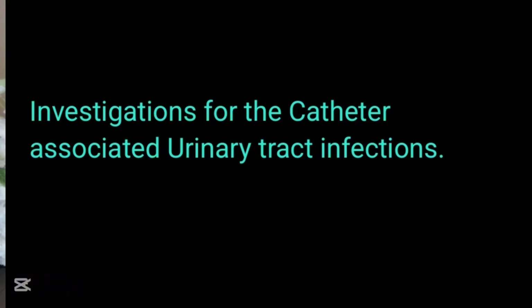If there is more than 1,000 colony-forming units per mL on culture, the patient will be diagnosed with a catheter-associated urinary tract infection, especially if they don't have any other conditions that can explain the signs and symptoms that I laid out earlier.